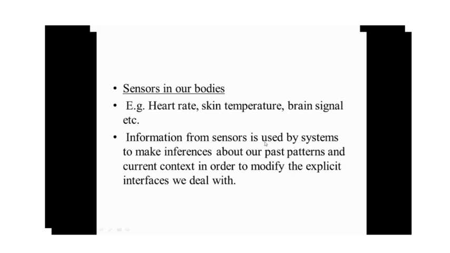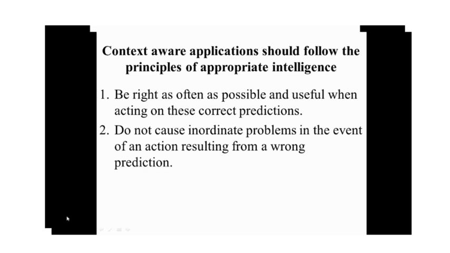Information from sensors is used by the system to make inferences about our past patterns and our current context in order to modify the explicit interfaces we deal with.